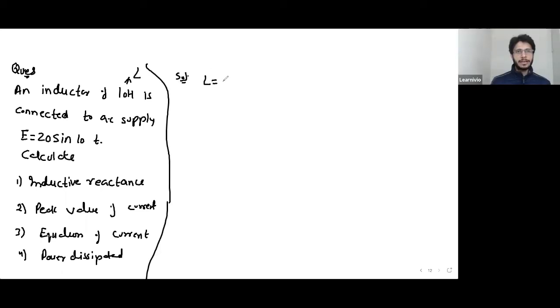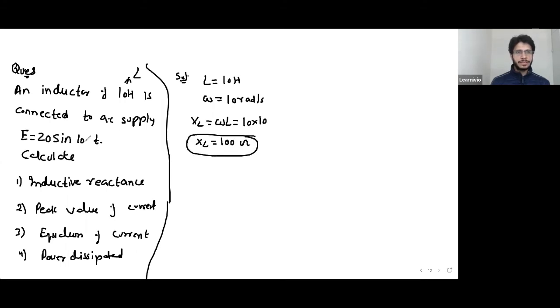See, your L is 10 Henry. The omega here is 10 radian per second. XL is omega L. So your omega is 10, your L is 10. So your XL is 100 ohm.